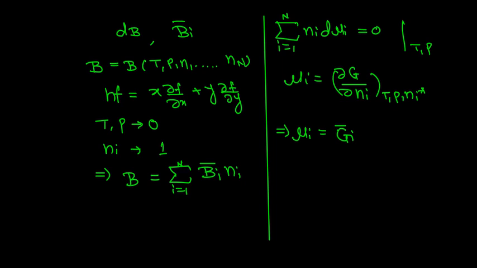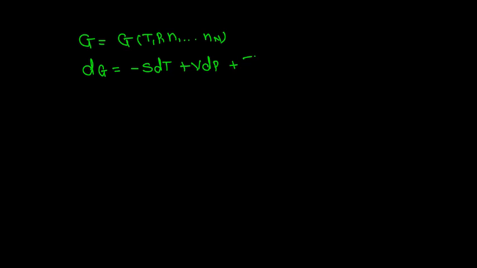Okay, and if you remember how we derived the Gibbs-Duhem equation, we defined G as a function of T, P, N1 and so on. From here we got dG as minus S dT plus V dP plus summation i equals 1 to capital N.